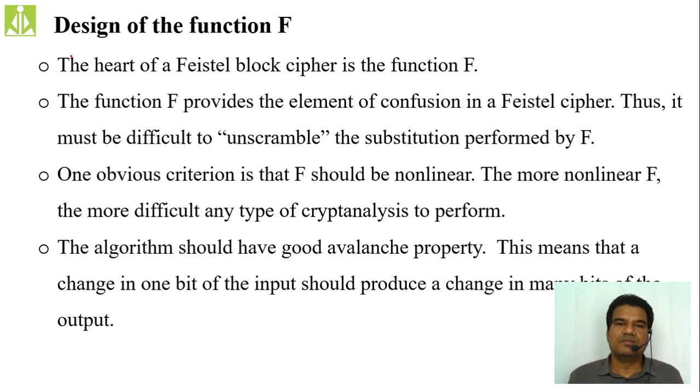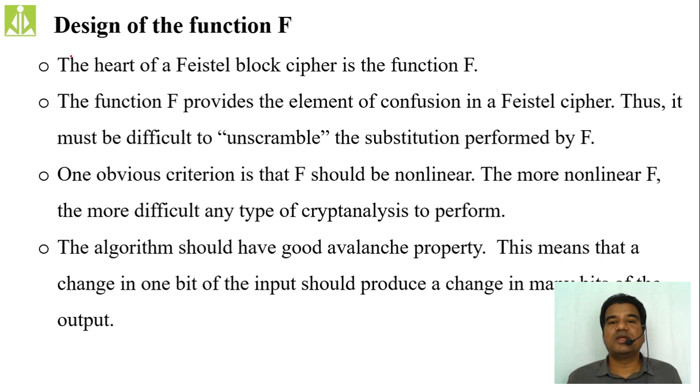So a small vibration is generating that avalanche, generating a very huge movement in the snow, and we are calling that an avalanche. Here also we are expecting the same thing. Changing a single bit should give a major change inside the actual message. So we are calling this type of property the avalanche property.